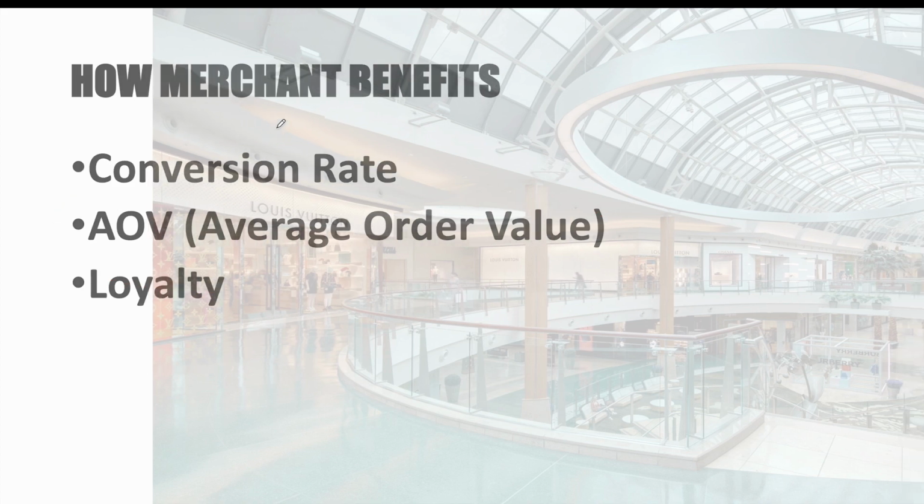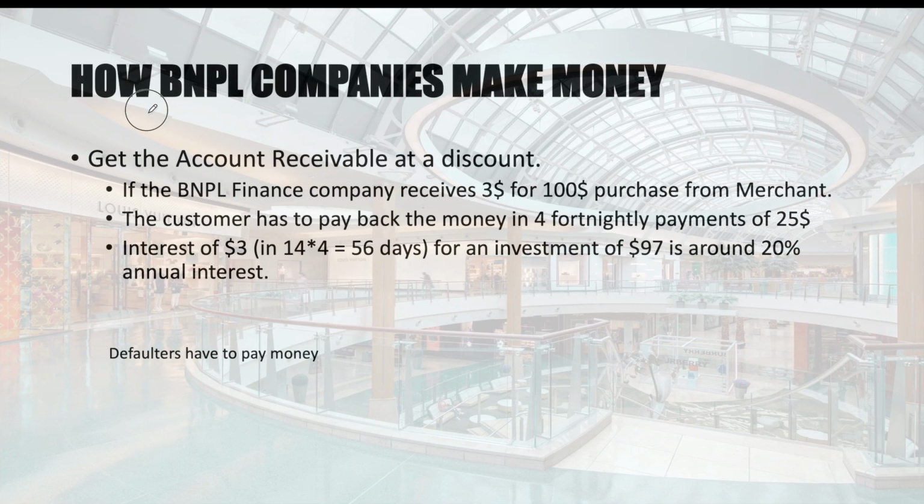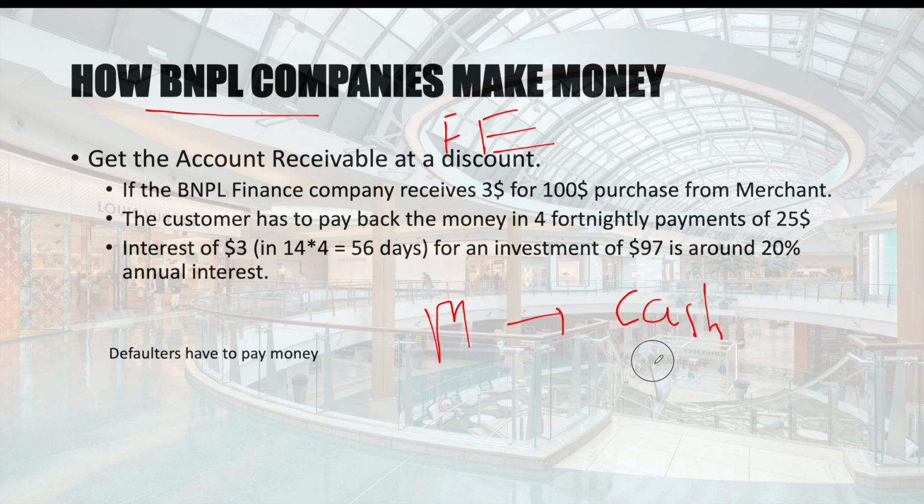Now let's see how the finance company, the financial entity, is able to generate money out of it. So, like I showed earlier, for $100 worth of product, when you make a purchase from a merchant, you pay either with cash or a debit card or a credit card, and there may be some other things also. So primarily these were the three things by which you pay.